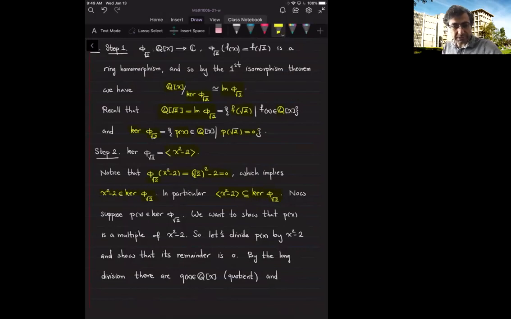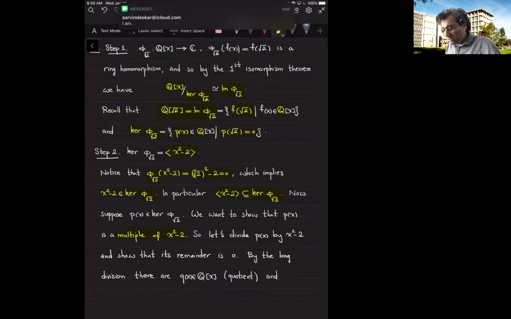Now I want to show the other way around. So I pick an element inside the kernel and I want to show that it is a multiple of x squared minus 2. In order to show something is a multiple of x squared minus 2, you have to divide it by x squared minus 2 and show that the remainder is 0.